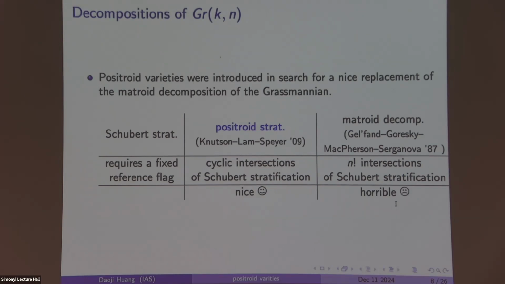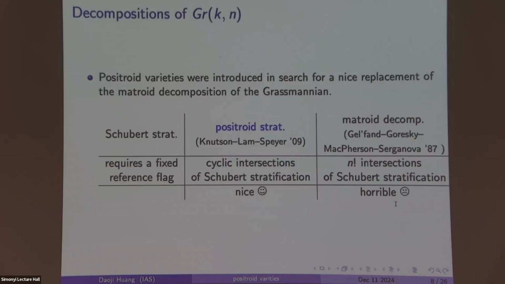One motivation for introducing positroid varieties, at least as written in the intro of the Knutson-Lam-Speyer paper, is that the matroid decomposition, as many of the audience are experts on, is complicated. So I put a sad face. How do you get the matroid decomposition?